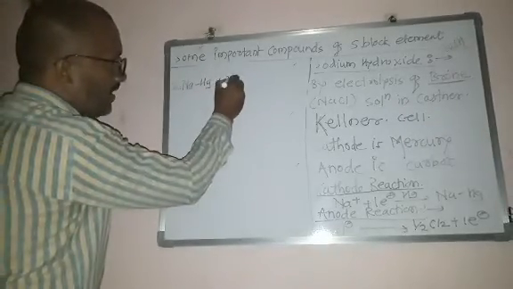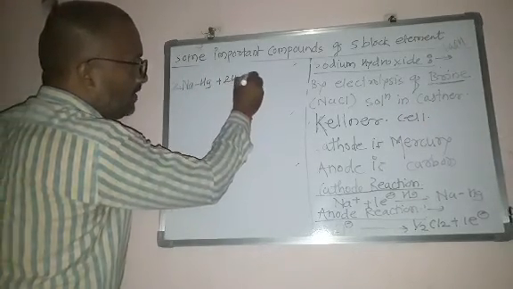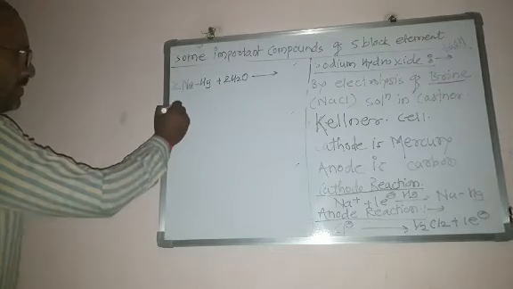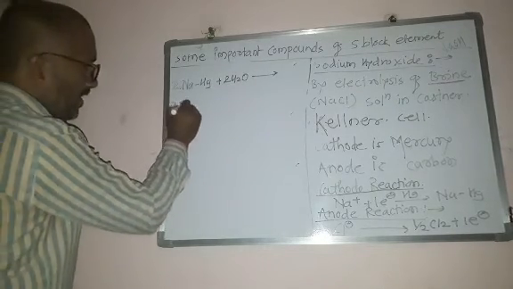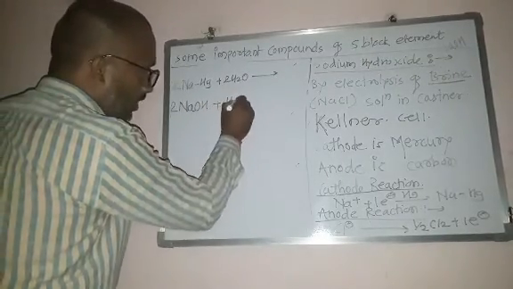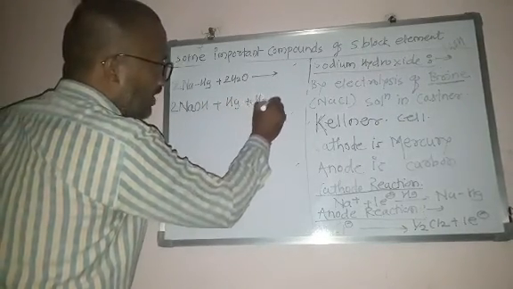Twice NaHg, the sodium amalgam, reacts with twice H2O and gets converted to twice NaOH along with mercury, and hydrogen gas is evolved during this reaction.